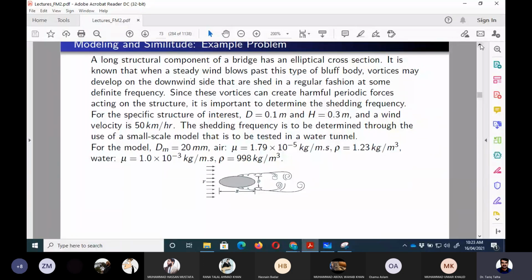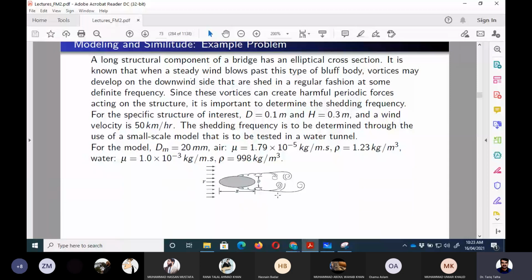It is known that when a steady wind blows past this type of bluff body, vortices may develop on the downside that are shed in a regular fashion. You can see these vortices coming in the wake region, and this generation of a regular pattern of vortices is called von Karman shedding.